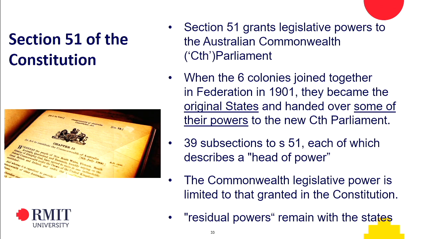So Section 51 is where we can find our 39 heads of power. That's important to know. Section 51, if you ever go look at the Constitution, will show you the 39 heads of power in terms of whether the states and the Commonwealth can pass laws in relation to that.